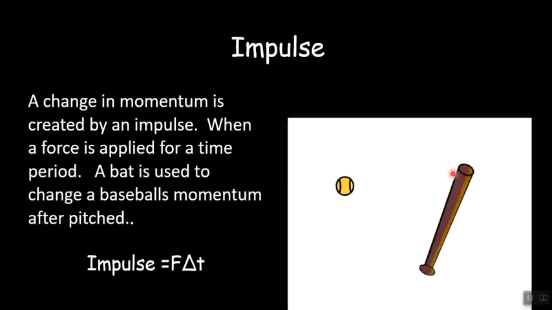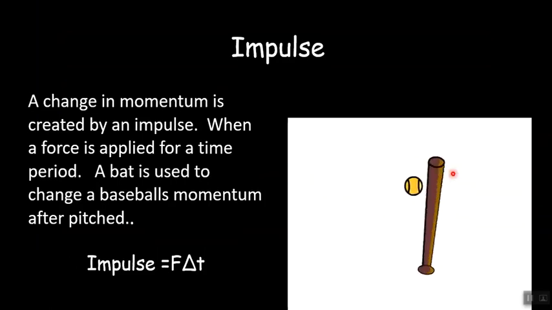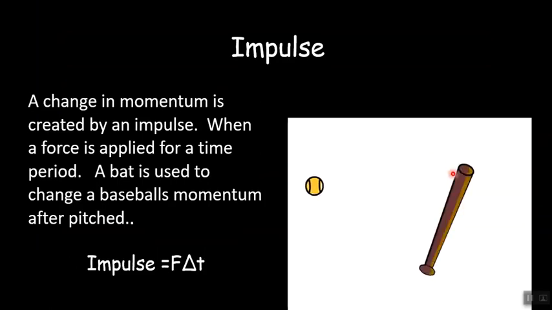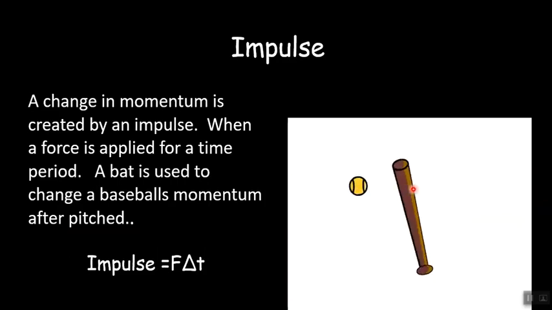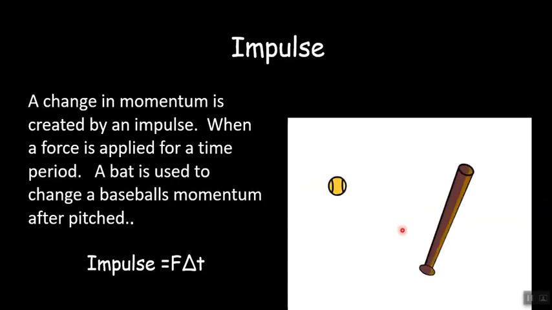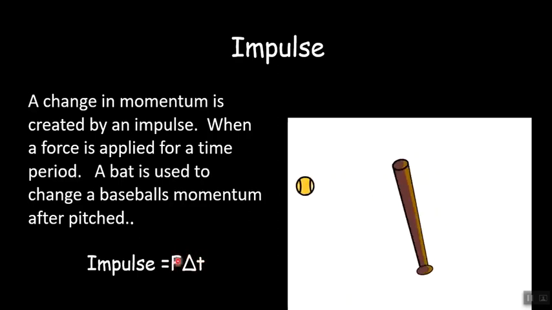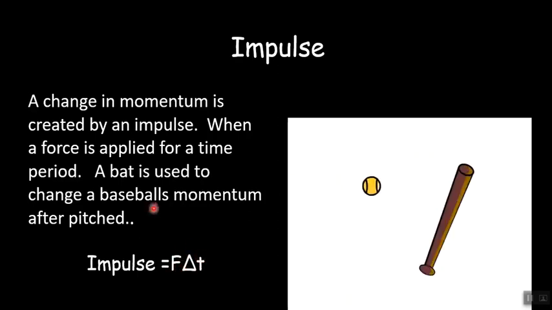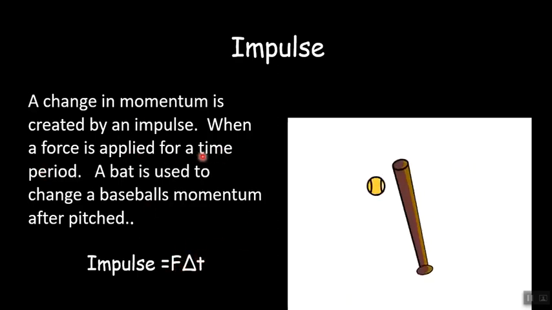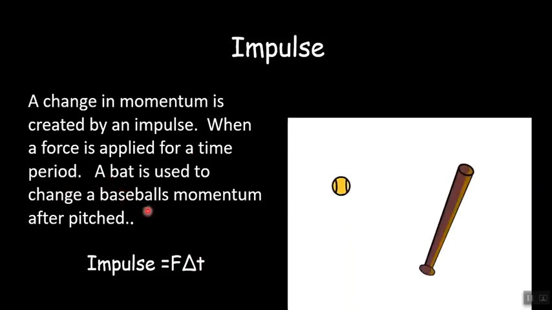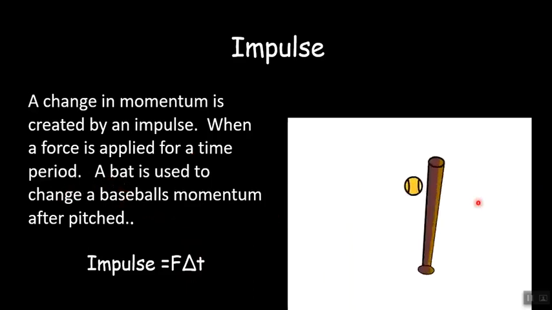So a change in momentum is created by an impulse. To cause a change in momentum, we need an impulse. We need a force, and we need that force to be acted out over a period of time. When a force is applied for a time period, a bat is used to change the momentum of the ball pitch.